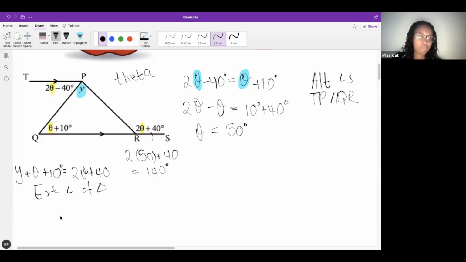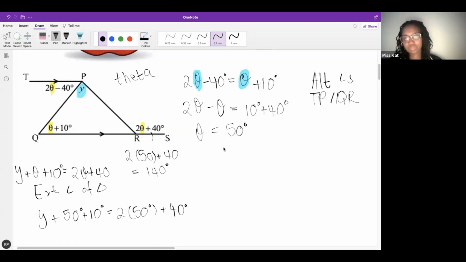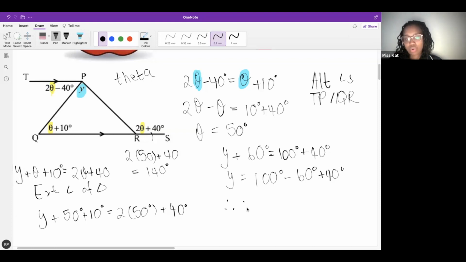We're going to say y plus 50 degrees plus 10 degrees equals 2 times 50, which is 100, plus 40. And then, ma'am, we're going to say y equals 140 minus 60, therefore y equals 80 degrees.